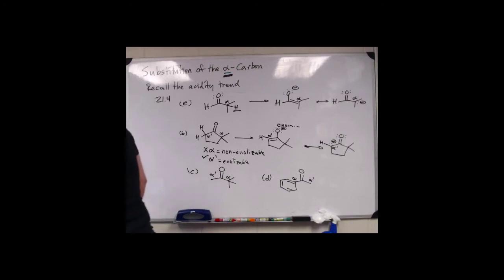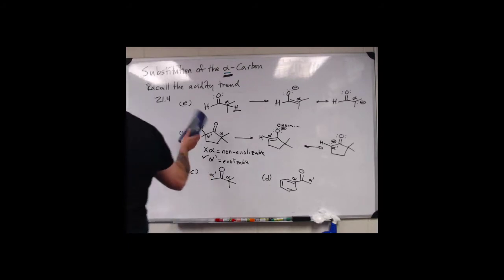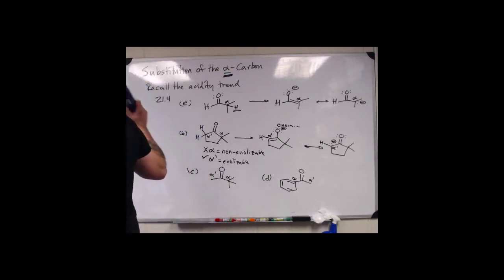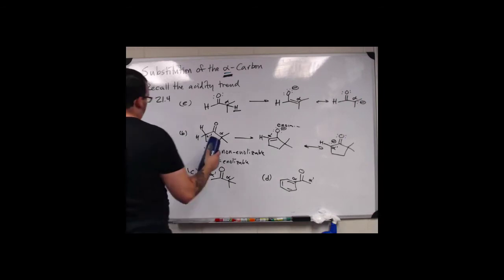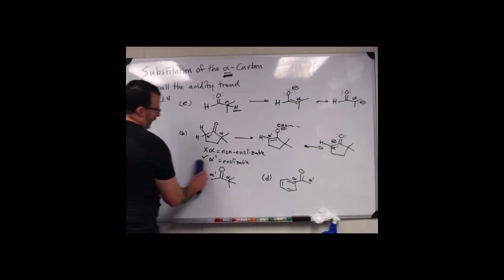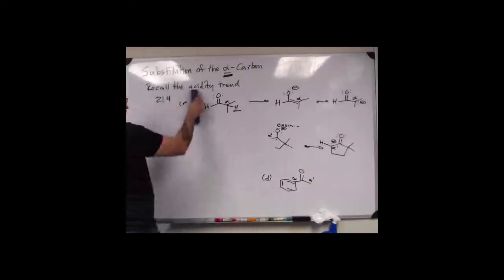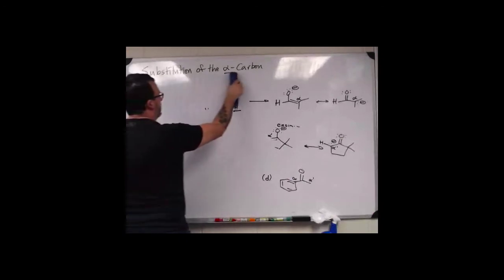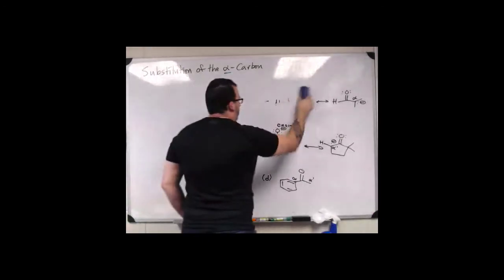So what we'll do next, I'll go ahead and erase this. We've really already seen how an enolate is formed with base. We'll now do it under acidic conditions. And then we'll look at some more substrates to identify acidic protons.